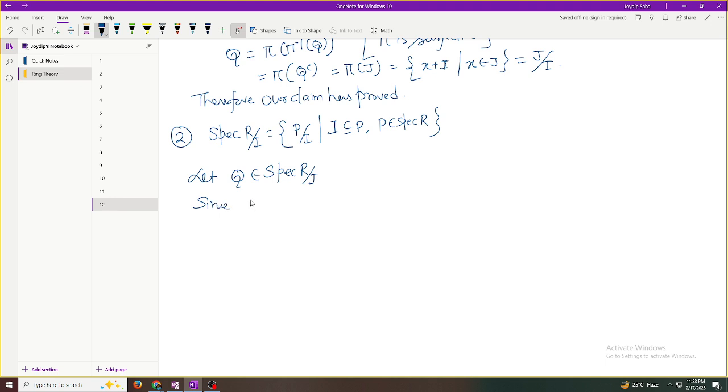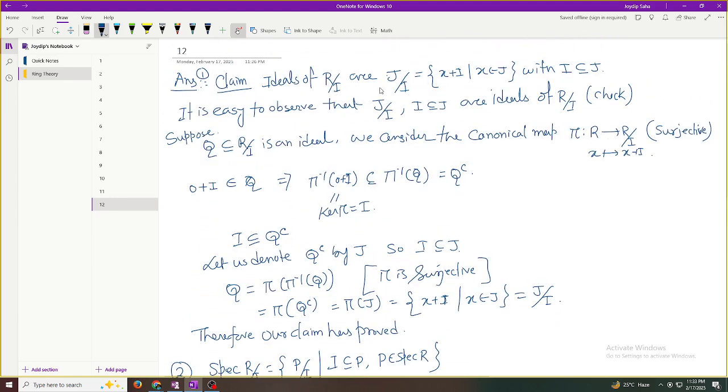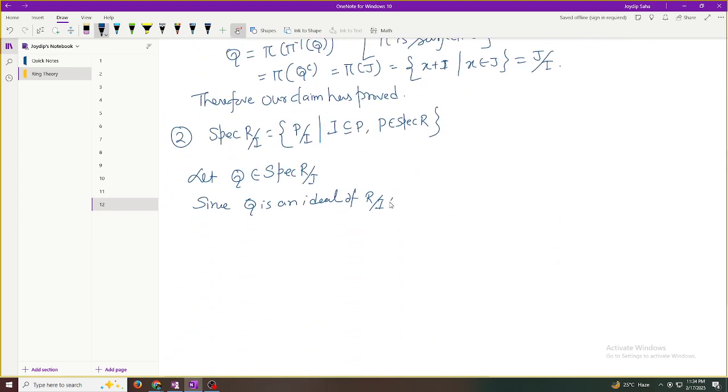Since Q is an ideal of R mod I, and every ideal of R mod I is of the form J mod I, by problem number 1 we have I subset of J such that Q looks like J mod I.